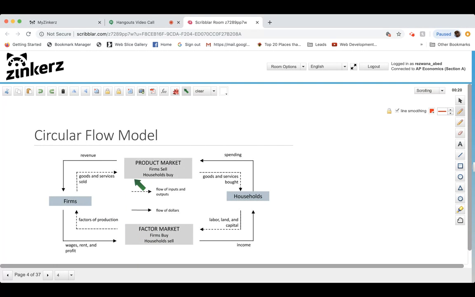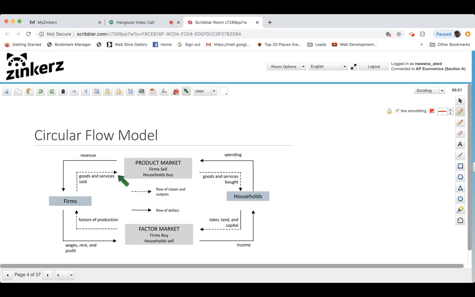So the product market, if we talk about the flow of inputs and outputs first, firms produce goods and services and sell them in the product market. And these goods and services are then bought by households in the product market as well. Households also sell something to firms.